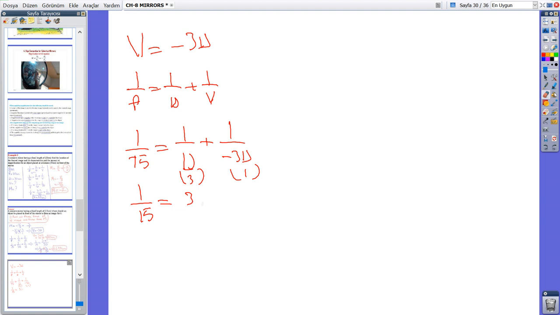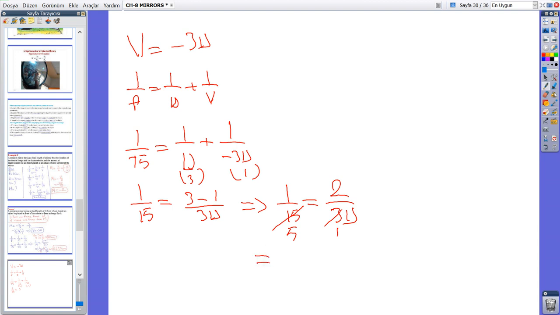So 1 over 15 equals 2 over 3u. We can simplify 3 over 15 to 5, and 3 over 3 to 1.